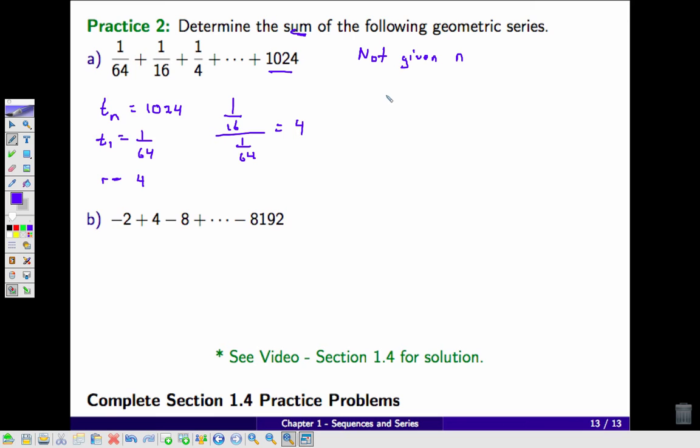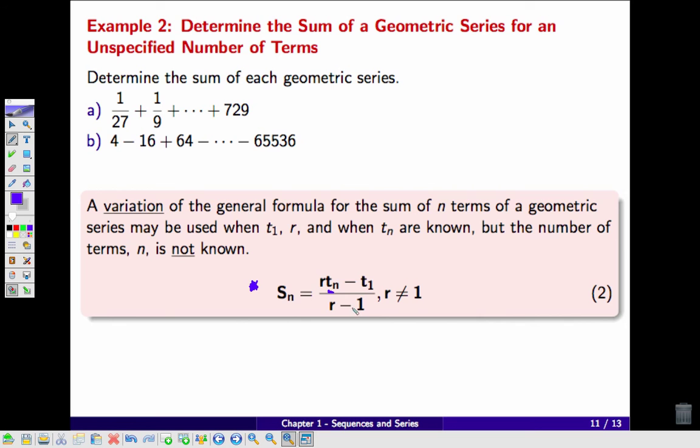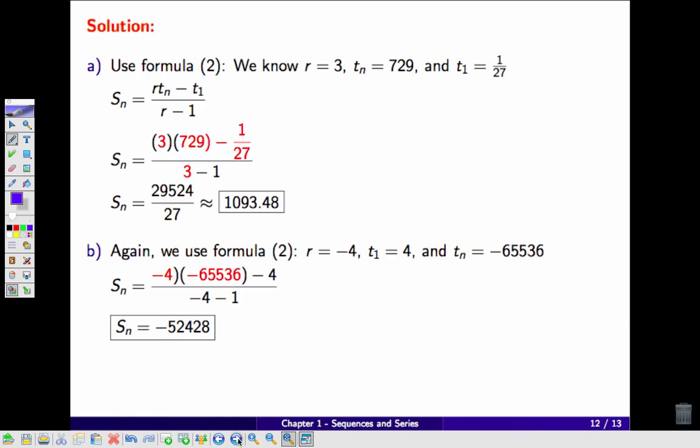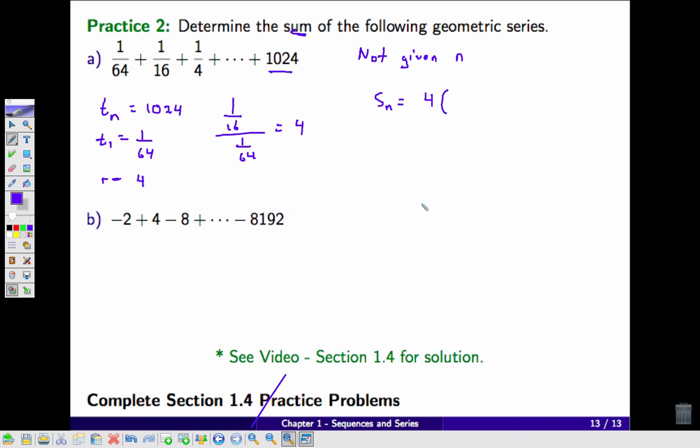Okay, so once you're given that, this question is a plug in and compute question. So I'm using the formula from 2 slides ago, this formula right here. So we have r times Tn, which is 1024.